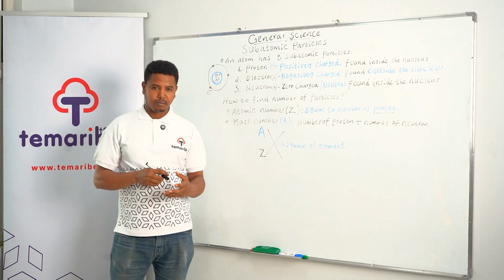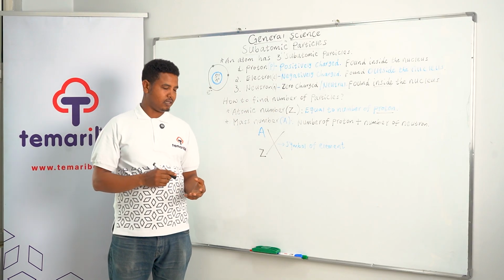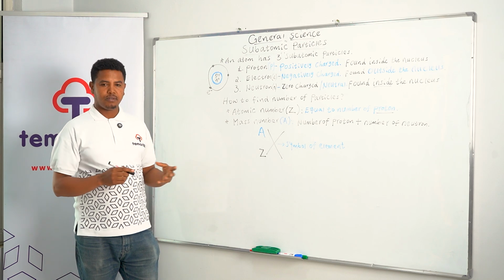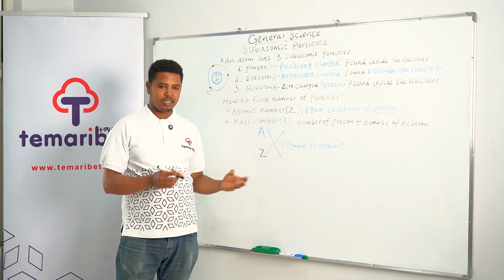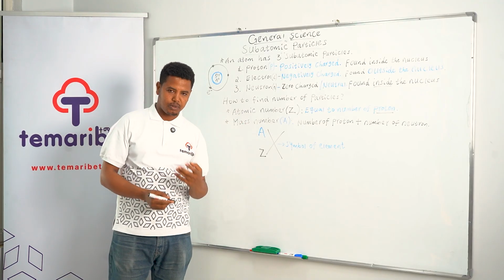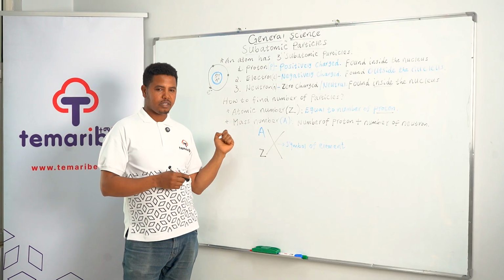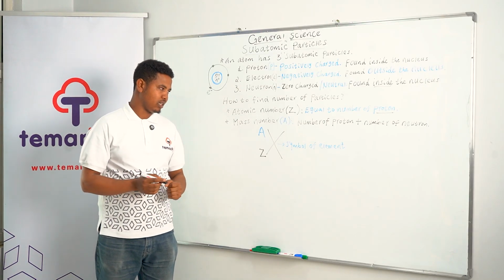And now we will look at how to find the number of particles. If we have a single element and we are trying to calculate the number of protons, electrons and neutrons, we have to use these basic formulas.